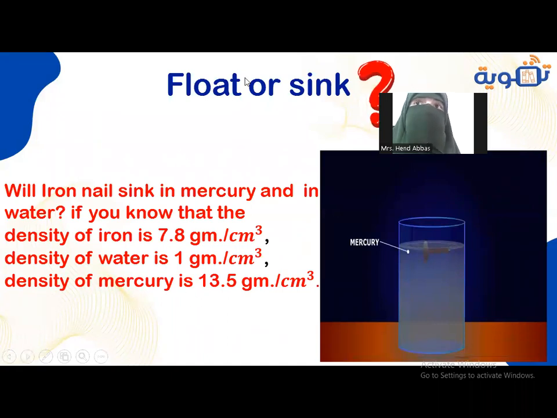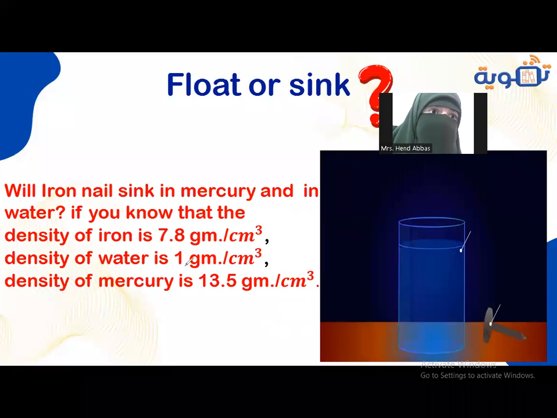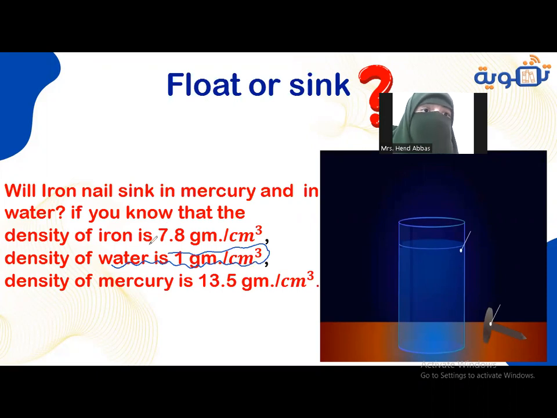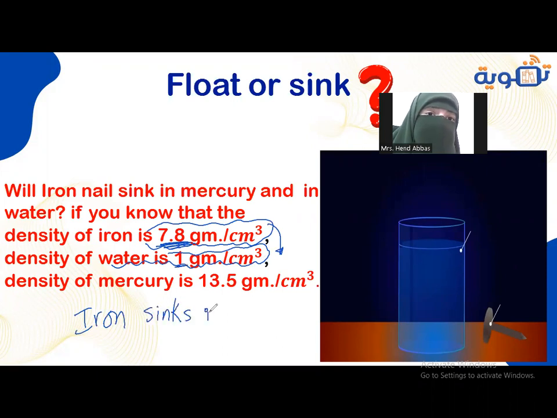Why? Let's check those numbers. Here we have the density of water, which is 1 gram per cubic centimeter, and this is the density of iron. Which one has higher density? Sure, iron has higher density than water, so iron sinks in water.